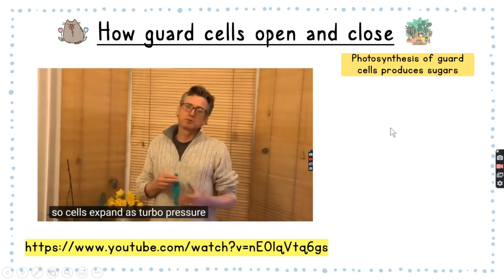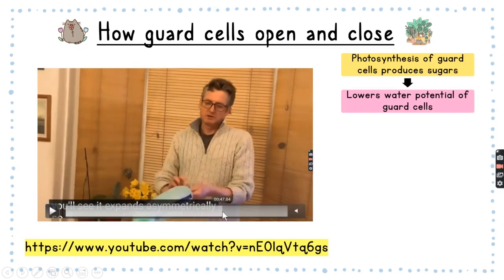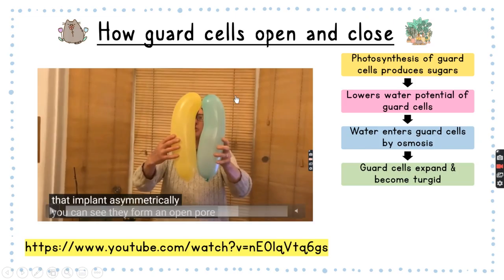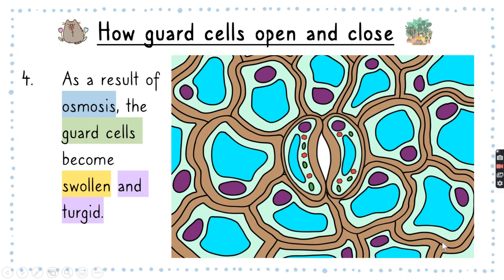So what are we seeing here? During photosynthesis, in the morning, guard cells will produce sugars. This lowers the water potential of the guard cells, and water enters the guard cells by osmosis, which causes the guard cells to expand and become turgid. Because of the difference in thickness of the guard cell walls, the guard cells will then curve up even more, therefore the stomata pore will open.